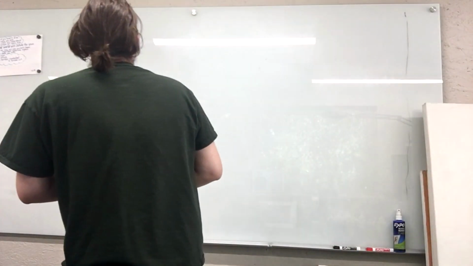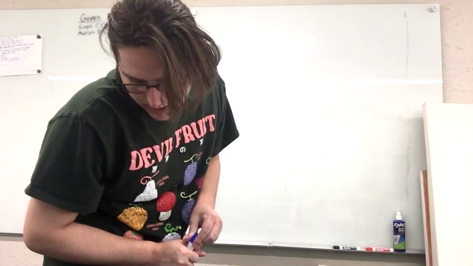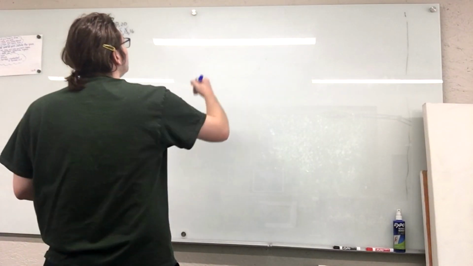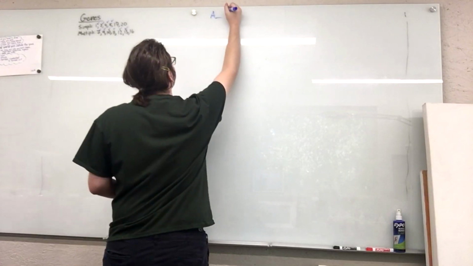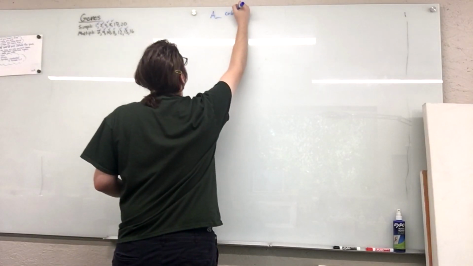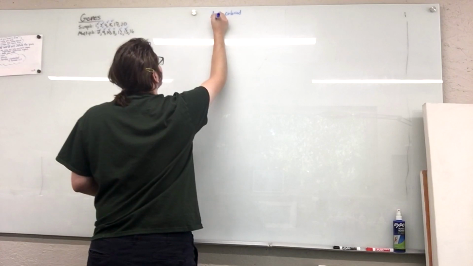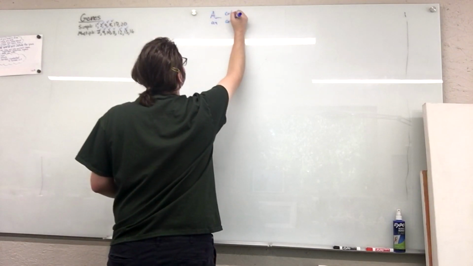For this next one, number 16, we have big A and little a. Big A being colored maze and little a being colorless.